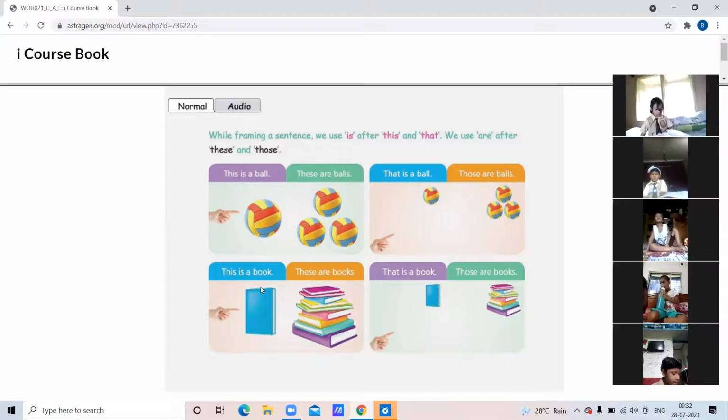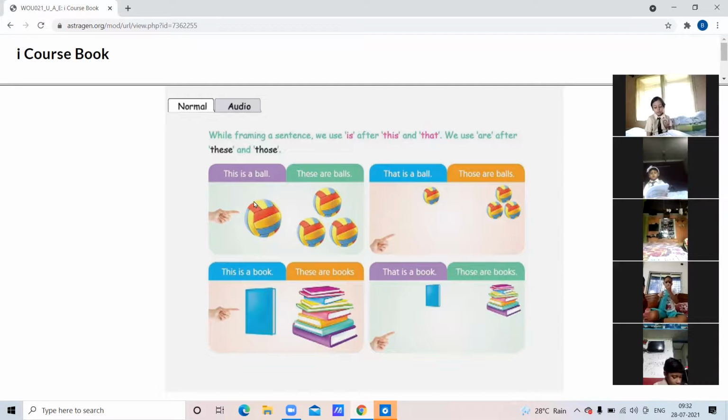These are books. Look carefully where it is. That is a book. Those are books. Okay, very good, Indrakshi.